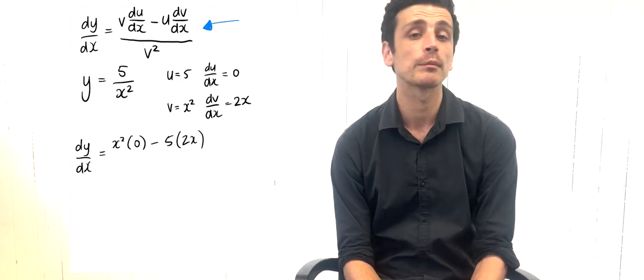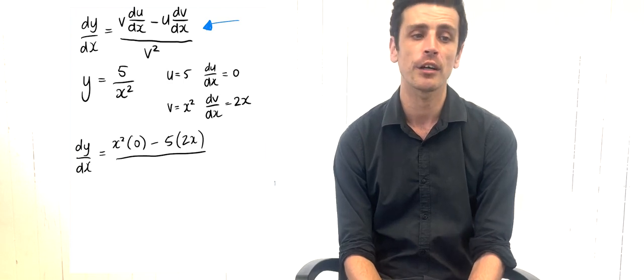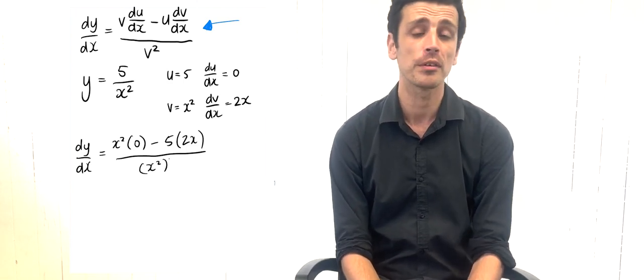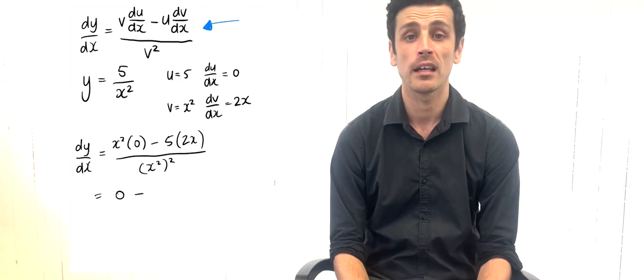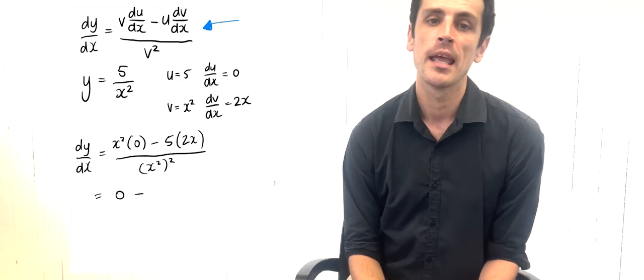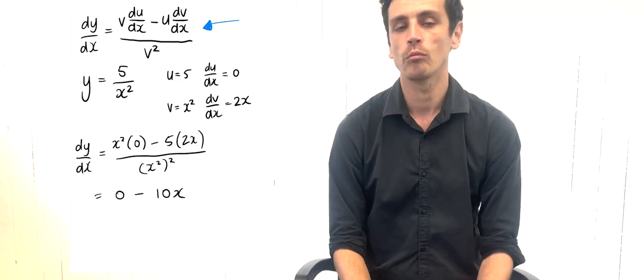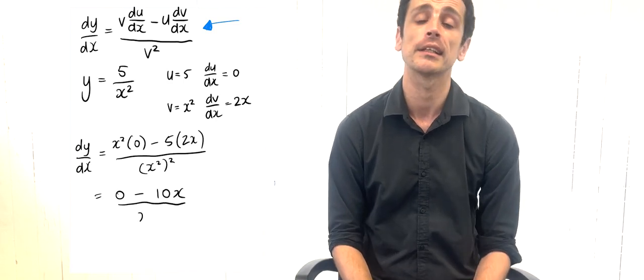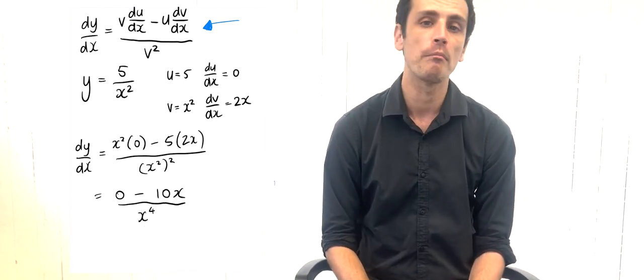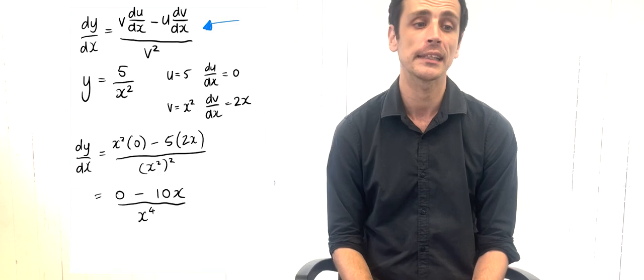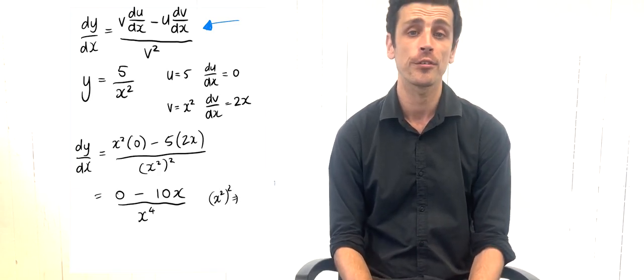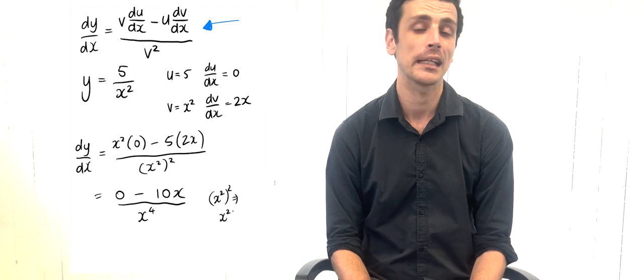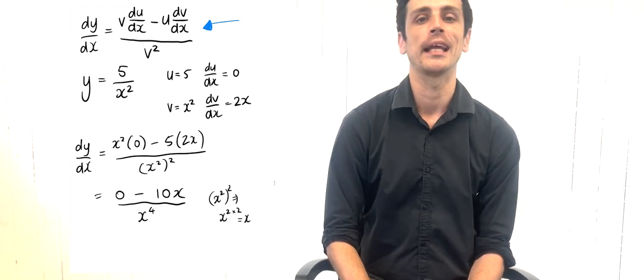That's going to leave us with x squared multiplied by 0, minus 5 multiplied by 2x, all divided by x squared to the power of 2. Now we can start to simplify that. x squared times 0 is 0, 5 multiplied by 2x gives us 10x, and x squared to the power of 2 is going to be x to the power of 4, based on our indices rules.